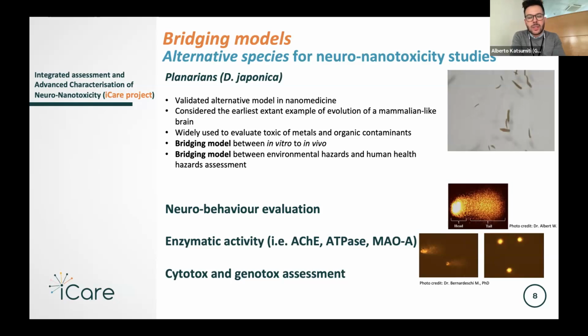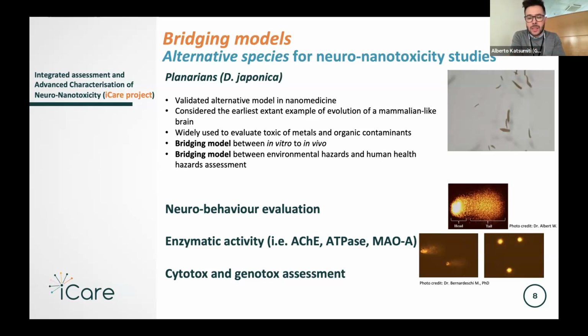And again, similar to the model before, these models serve as a bridging model between in vivo and in vitro, and also between environmental hazards and human health hazard assessment. So three main points will be explored here using these animals. Basically, neurobehavior evaluation, so the movements of the animals, which is a clear response that we can see, for example, in exposure to chemicals.